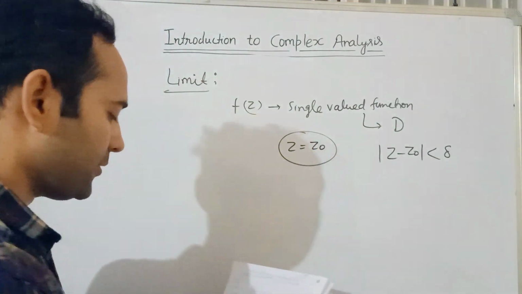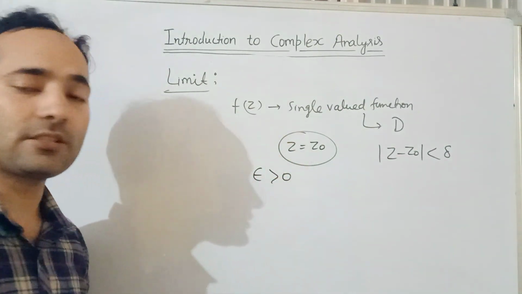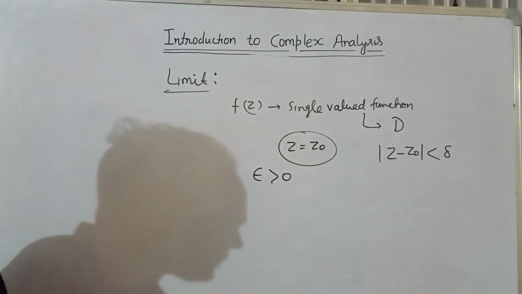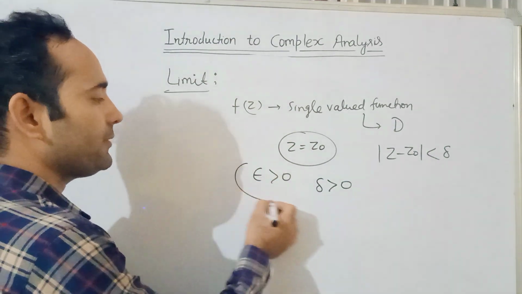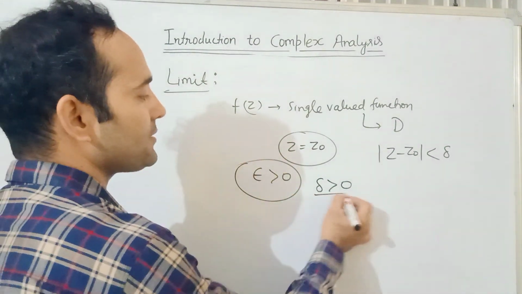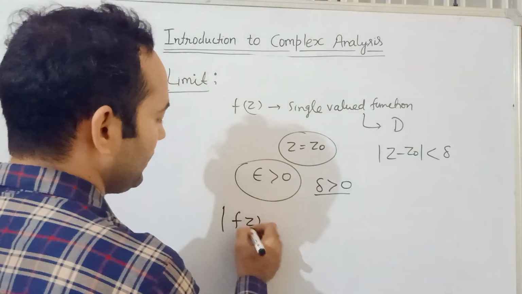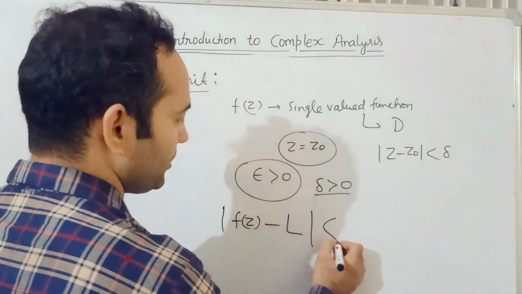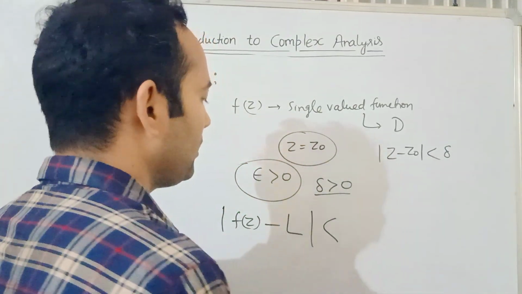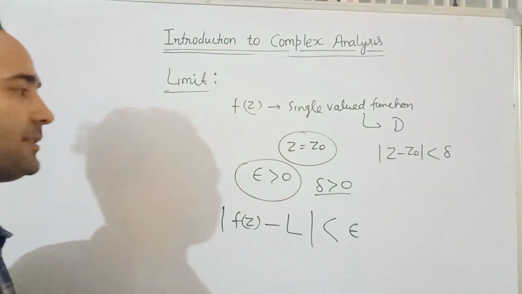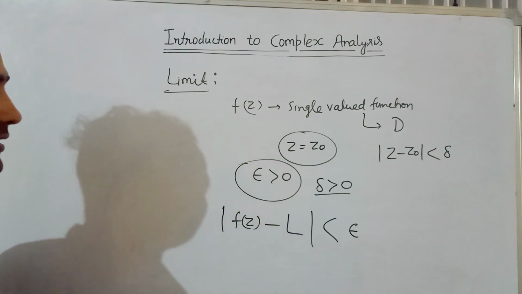So for a given small real number epsilon greater than 0, there exists a real number delta greater than 0 such that the modulus of f(z) minus L, where L is the limit of f(z), should be less than epsilon.